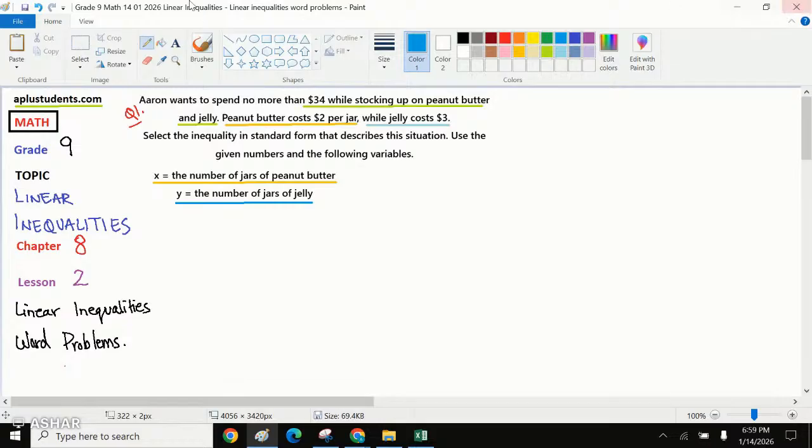So what we need to do is we need to create an inequality that would represent the answer, right? Okay, so the number of jars that Aaron would buy, plus the number of jars of jellies Aaron would buy, right? That should be less than or equal to 34 because the budget is 34, right?